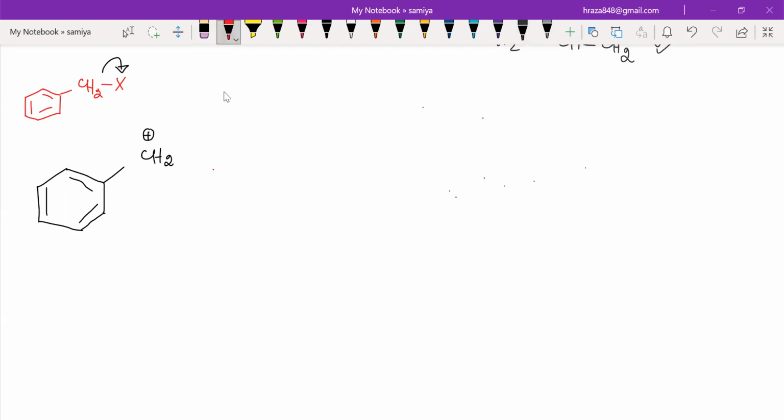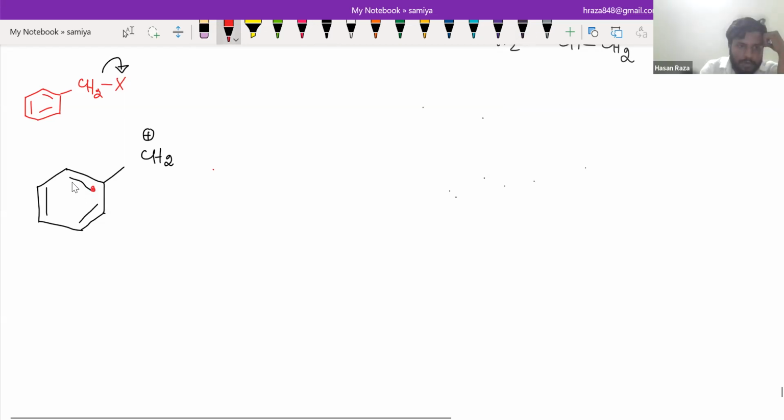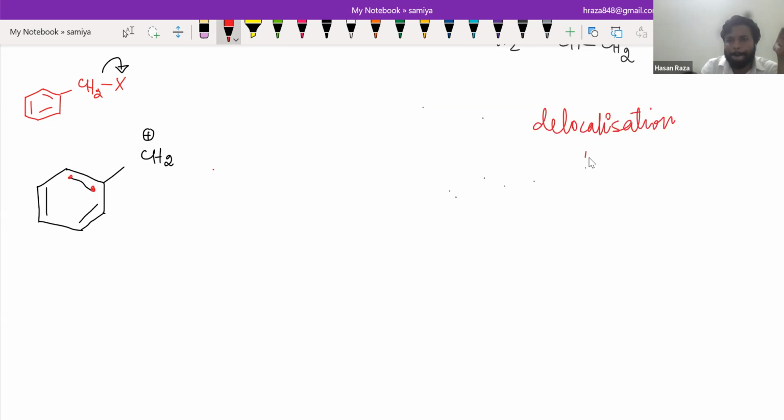Okay, so resonance is all about delocalization of pi bond. Whenever we have conjugation of pi bond with a carbocation, lone pair, or sigma bond, there will be delocalization of pi bond.